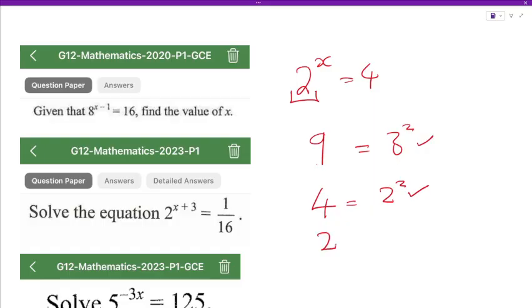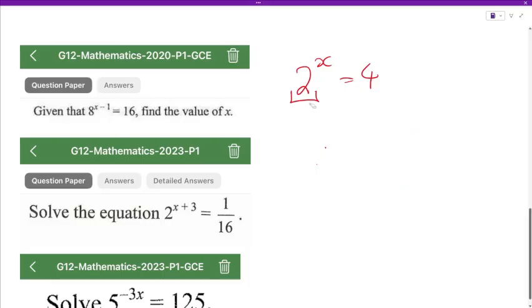But a 2, you can't express it as an index. So you make sure that the bases are simplified, by which I mean expressed using the smallest base possible. Here we've already determined that 2 is the right base.